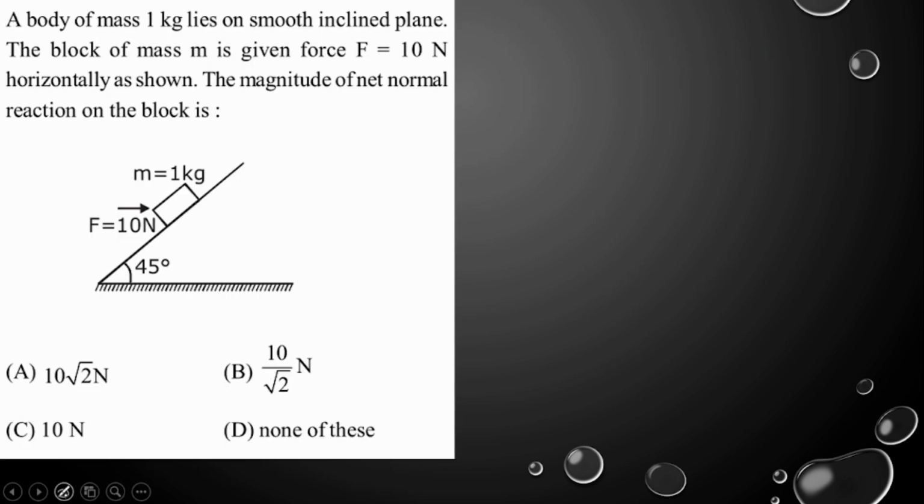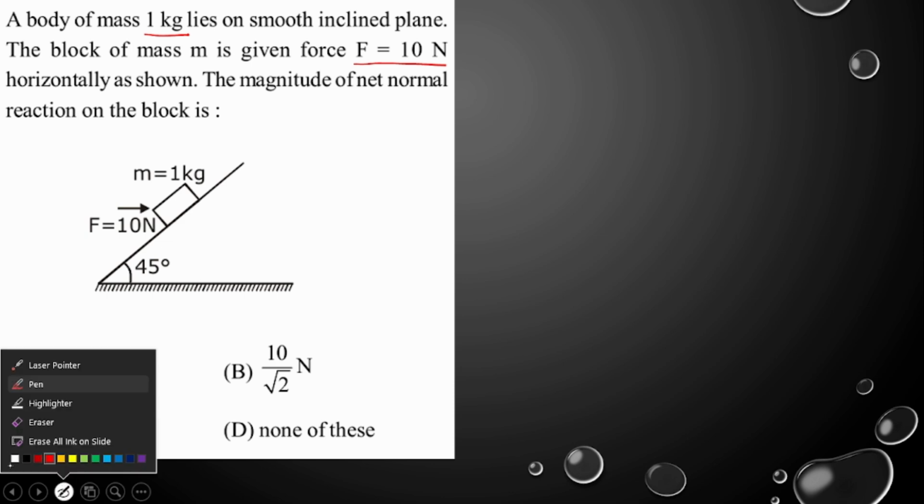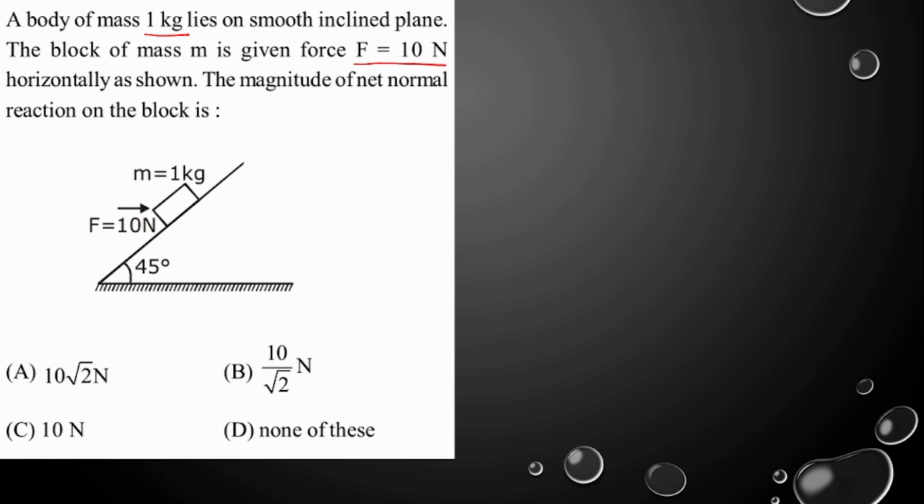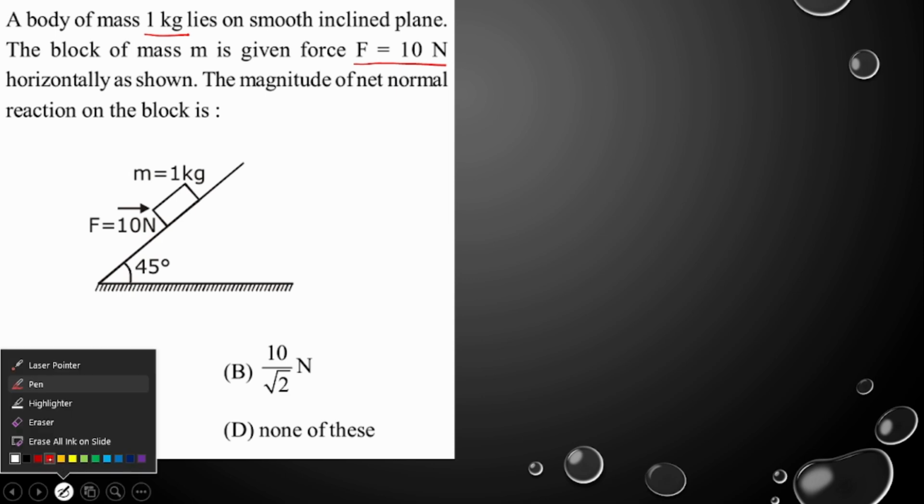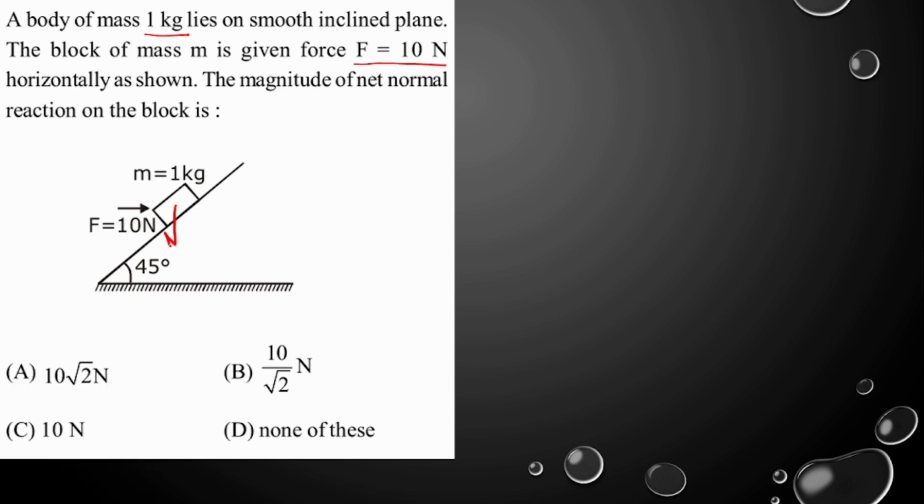Next, the question is like, a mass of 1 kg lies on a smooth horizontal inclined plane, and a force of 10 Newton is applied on it. We have to find the direction of the net reaction on the block. So let me draw the FBD. This is 10 Newton because of mg, and this is 10 Newton, the external force.